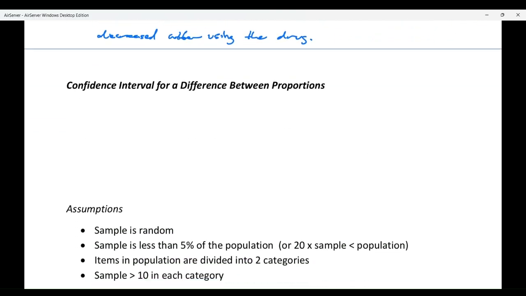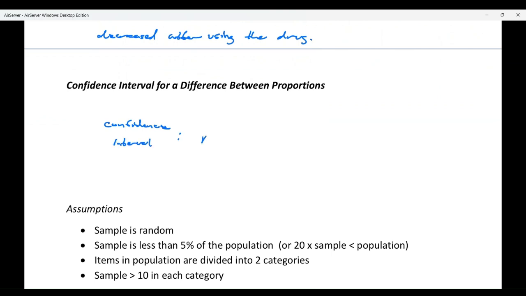Okay, let's get into proportions and wrap up with this idea. So we're going to stay in this world of two samples, but now we're going to go to a difference between proportions. Again, the formula is going to have some similarities to the one we looked at earlier for one sample for a proportion, with just some slight differences.